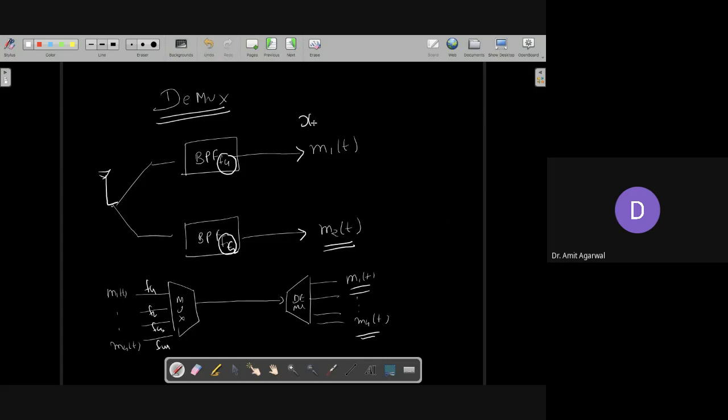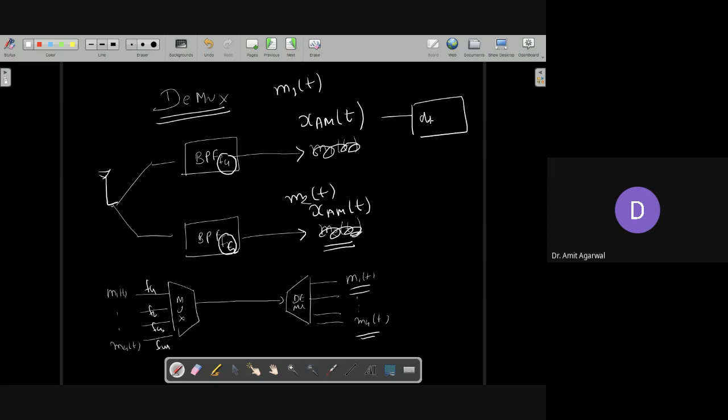If you are using an amplitude modulated signal, then it will be XAM(t) corresponding to your message M1(t), and this will be the amplitude modulated signal corresponding to your message signal M2(t). Then, if you are using AM modulation at the transmitter, you will use an AM demodulator here, and you will be able to reconstruct your signal back.